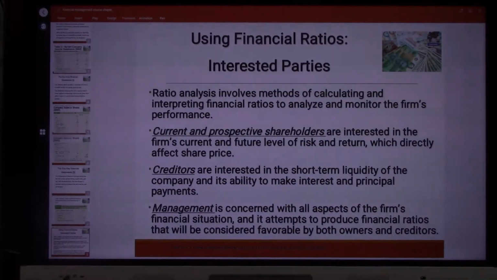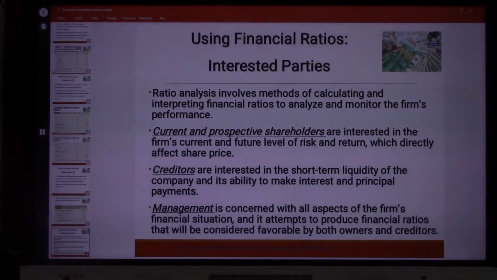Actually, we have many interested parties regarding the use of financial ratios. One of them is current and prospective shareholders. They are interested in the firm's current and future level of risk and return, which directly affect share price. Another interested party is creditors.